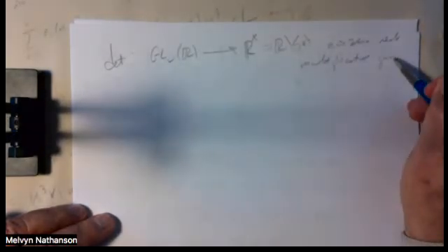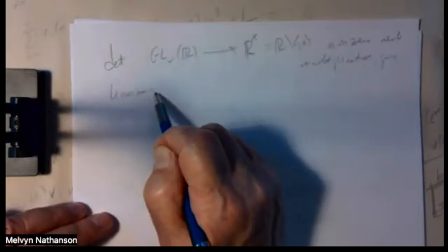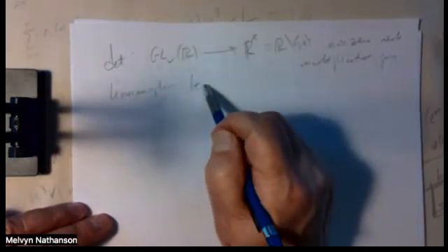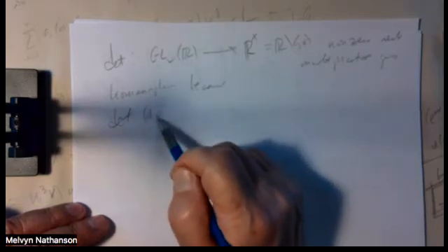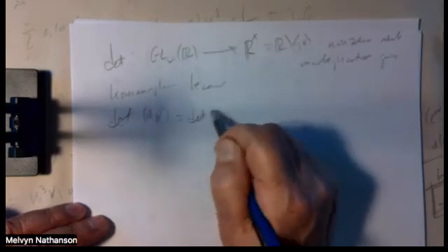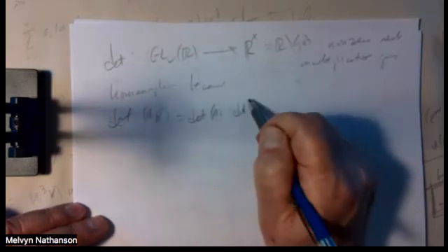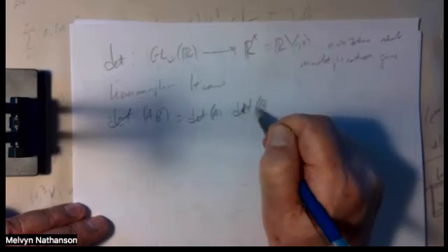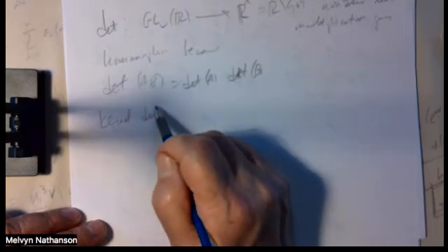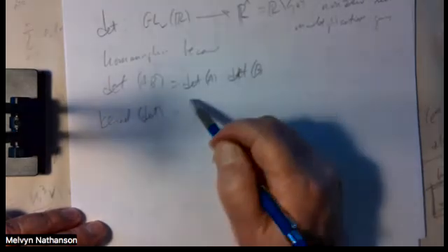And this is a homomorphism, because the determinant of the product is the product of the determinants. What is the kernel of the determinant map?